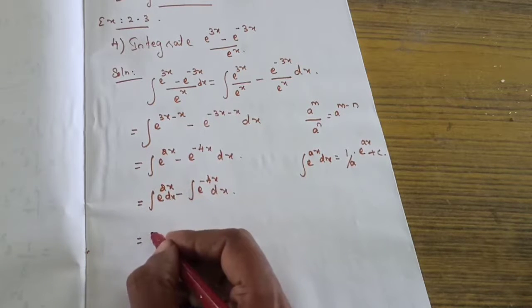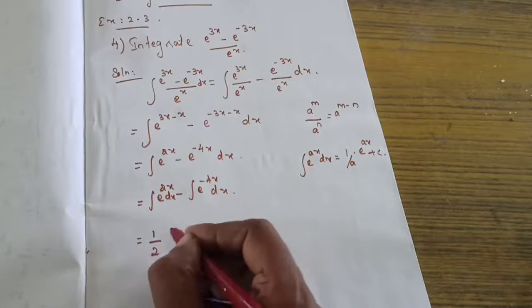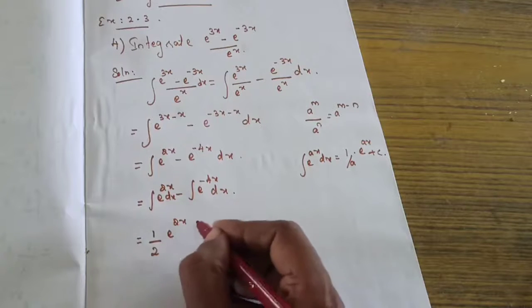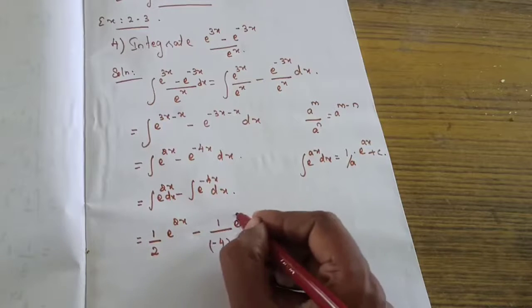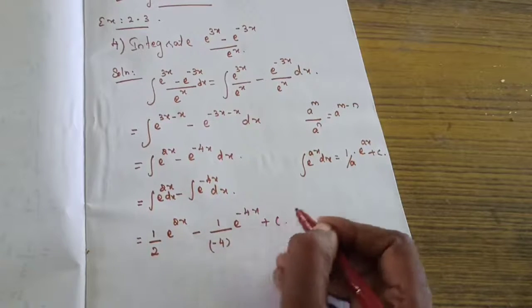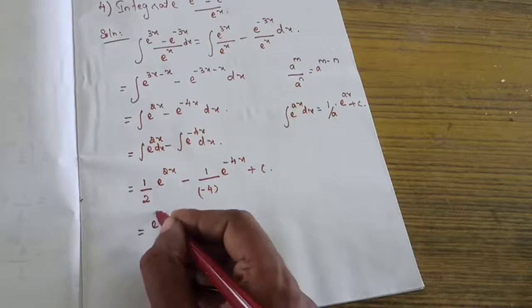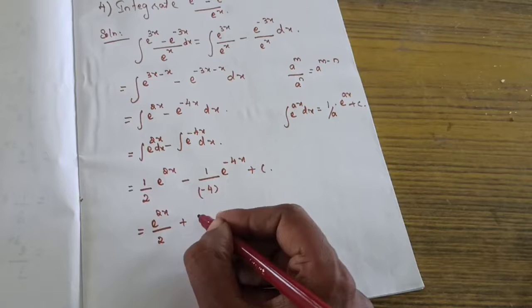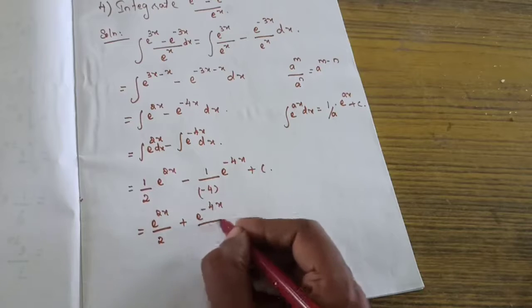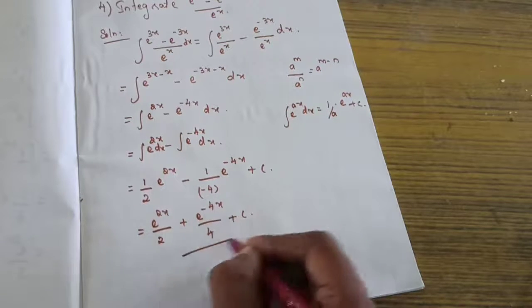What is the a value here? 1 by 2. So 1 by 2 into e power 2x minus 1 by minus 4 into e power minus 4x plus c. That is equal to e power 2x by 2, and minus into minus changes to plus, e power minus 4x by 4 plus c. This is the required answer.